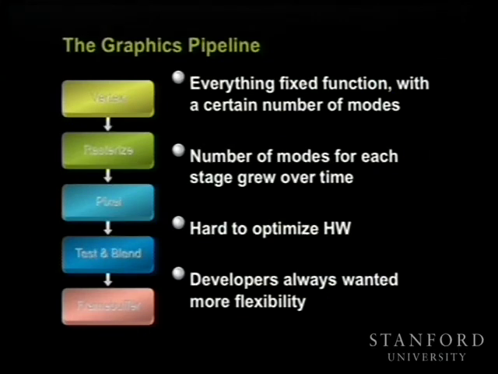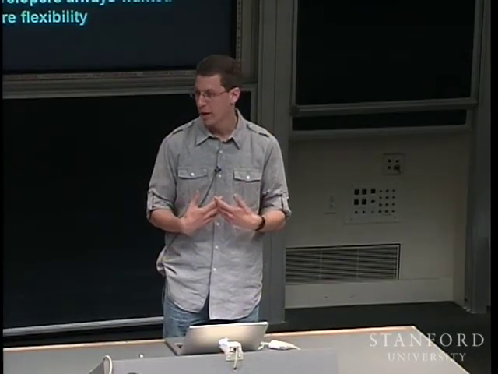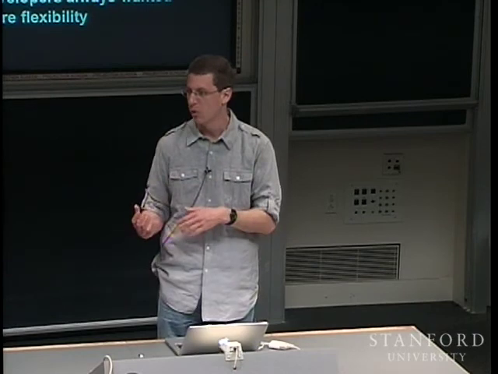So I said everything right now was fixed mode, and they added new and new modes. With every new release, there were 5 new modes here, 10 new modes there. You could switch something in the vertex stage. You could switch something else in the blend stage. And you just got this exponential explosion in the number of combinations. And of all of these different modes, a lot of them shared hardware, but some of them also required their own thing.